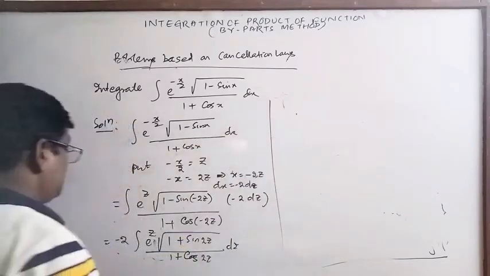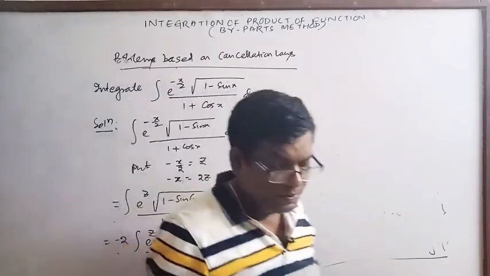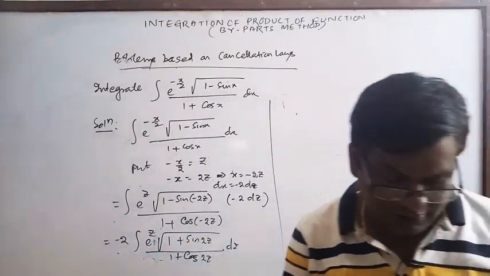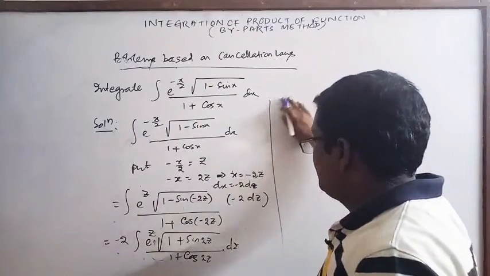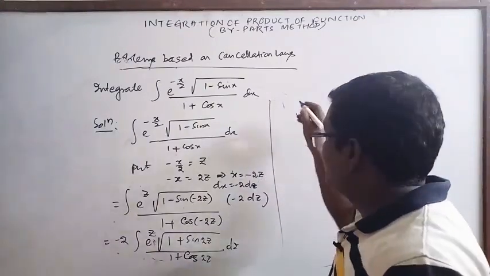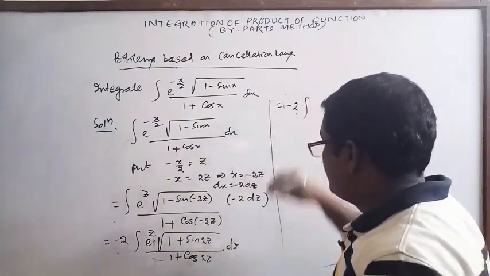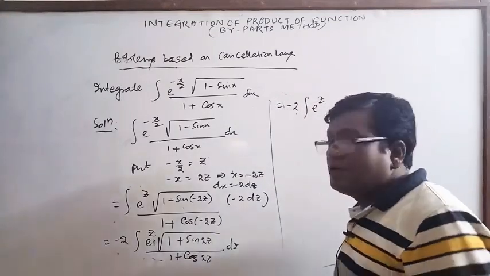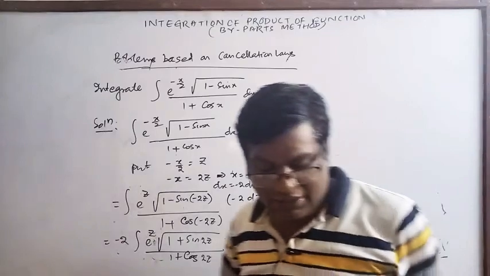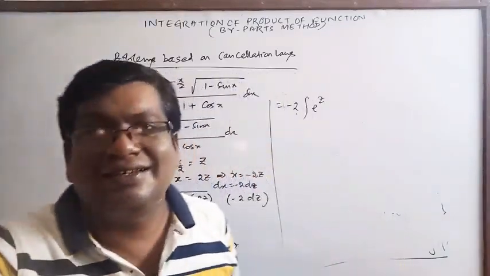Now minus 2 into e to the power z, and what is 1 plus sin 2z? Clear?